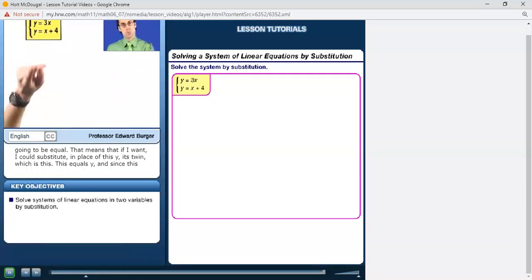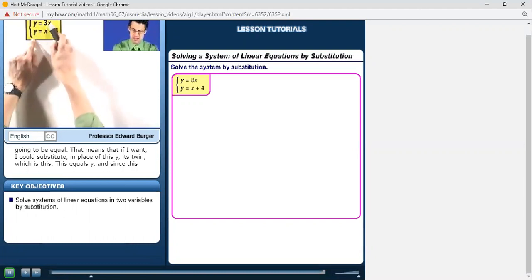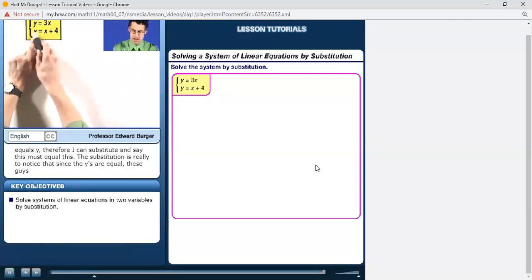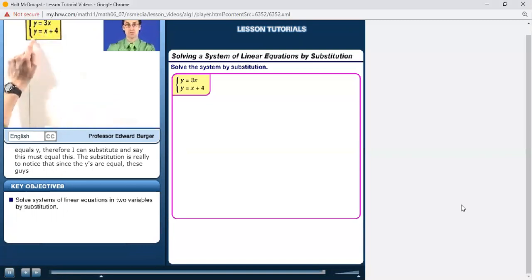Well, that means that if I want, I could substitute in place of this y its twin, which is this. This equals y, and since this equals y, therefore I can substitute and say this must equal this. So the substitution is really to notice that since the y's are equal, these guys must be equal as well.